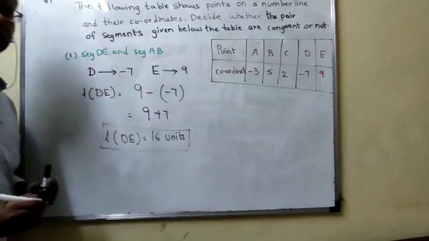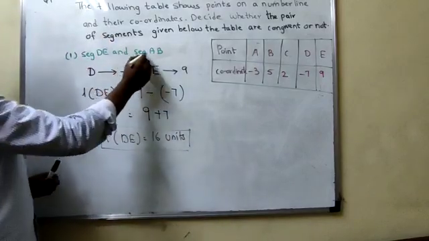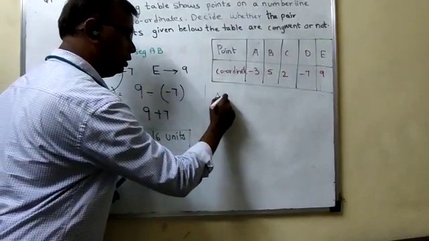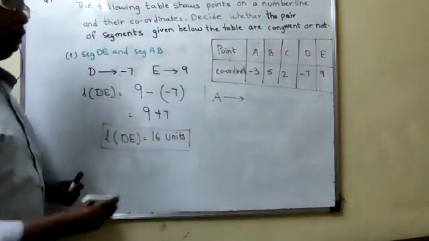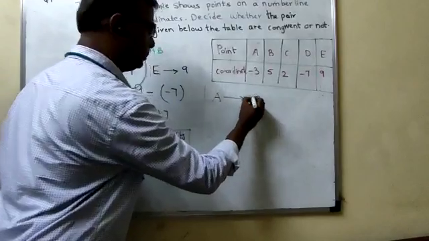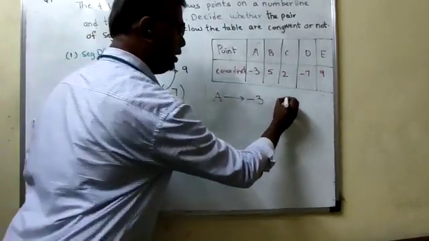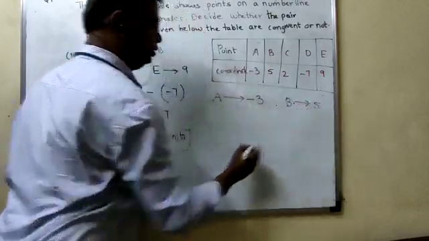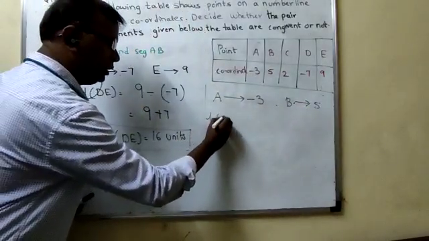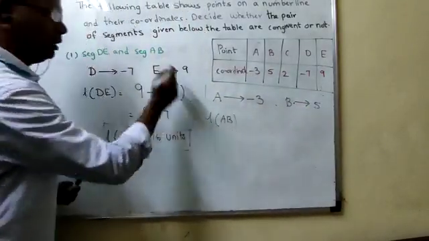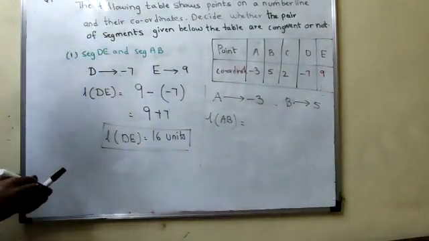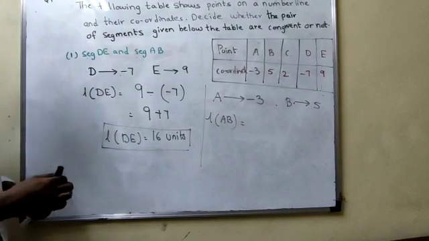Any doubt, students? Now we'll find the second segment AB's distance. What is the coordinate of A? -3. And the coordinate of B? 5. So the length of AB, or segment AB, how to find the distance? Once again, what is the formula? Larger coordinate minus smaller coordinate.